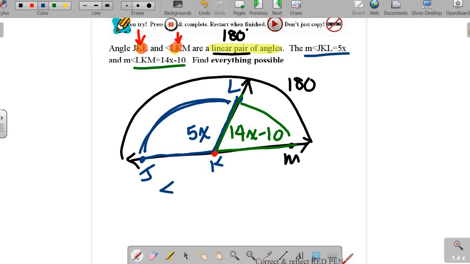So your thing equation, in this case, blue plus green equals red.